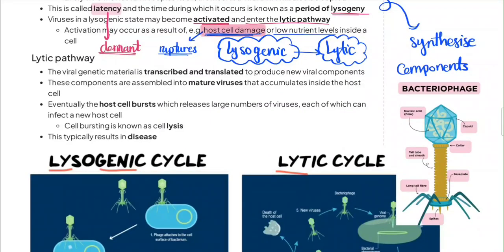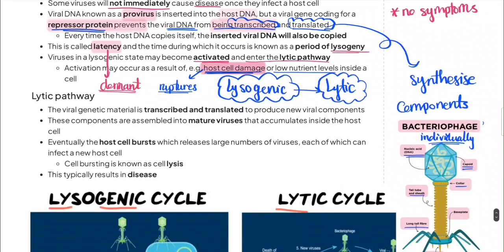All these have to be synthesized individually. Have you heard it? Individually. So I have to transcribe them first, then translate them into these components of a bacteriophage. Then we combine them all together to form this virus.